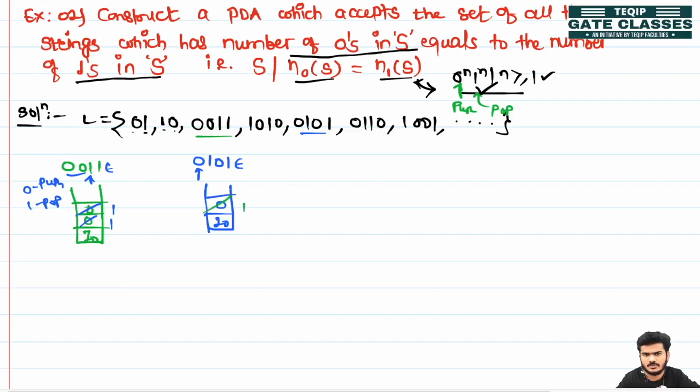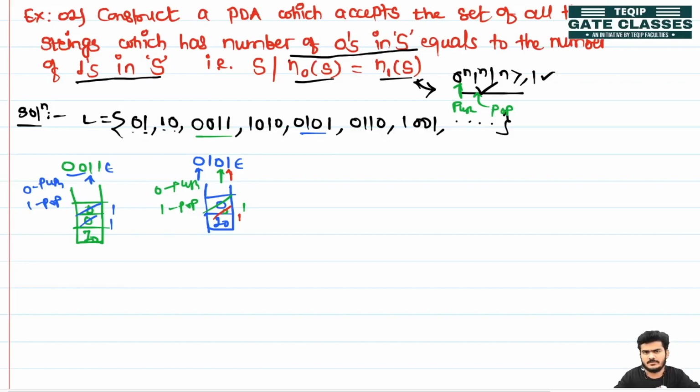So 0 for push and 1 for pop. Again 0 came, so again I push that 0, and again using this one I pop it. So this is the situation.